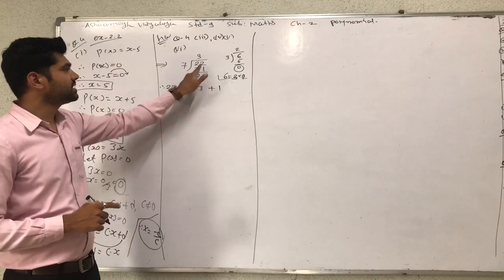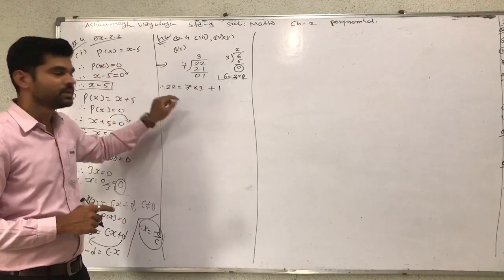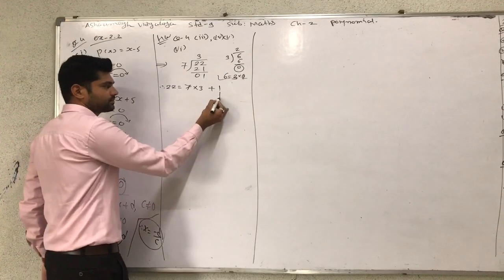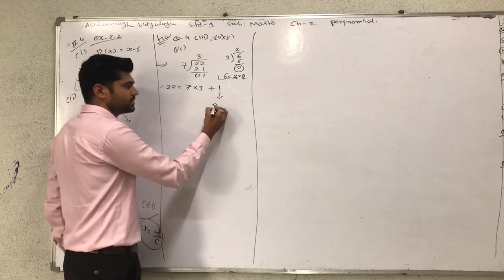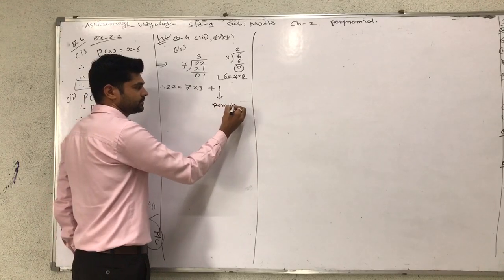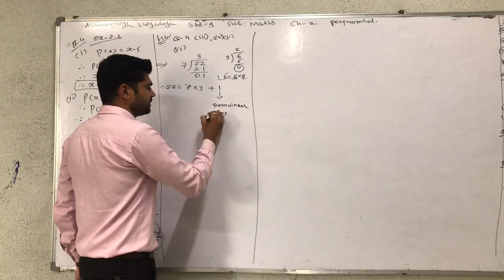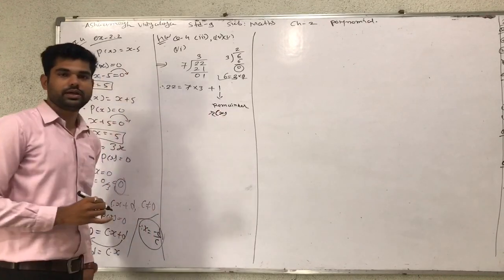Understand this topic, 22 divided by 7, so the answer is 7 into 3 plus 1. Here 1 is known as the remainder and is represented as r of x.